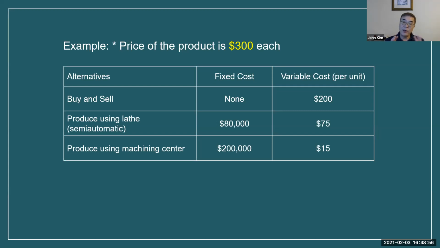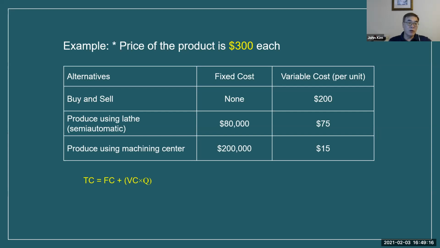So if we have such information, fixed cost, variable cost, price, and so on, then we can develop the total cost equation.